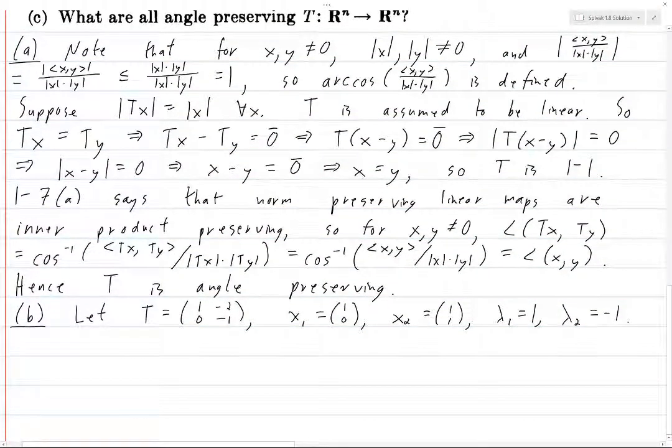So let's check that. Tx1 is just 1, 0, -2, -1 times 1, 0. Well, that's just going to be 1, 0, which is 1 times the vector 1, 0, which is lambda 1 times x1.